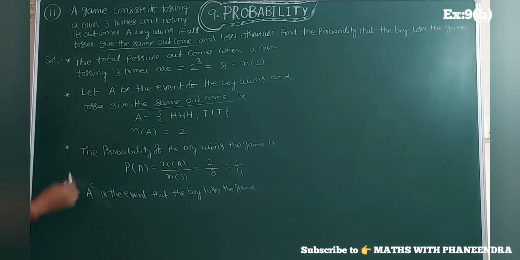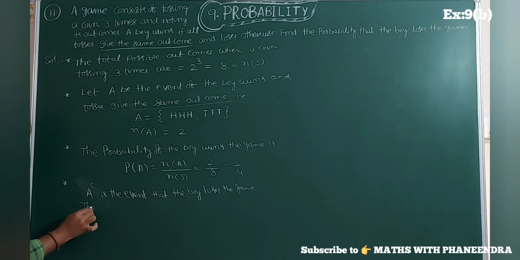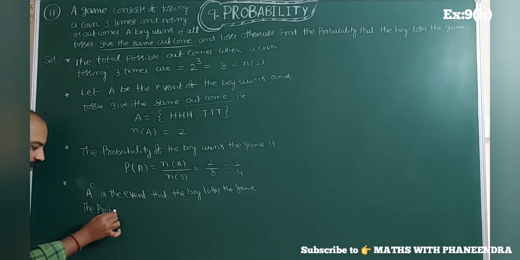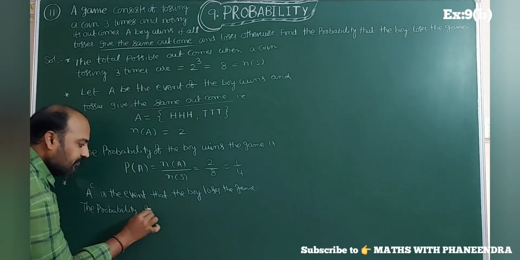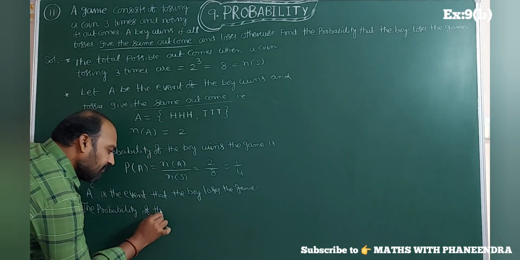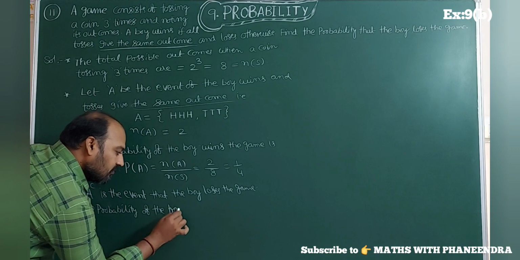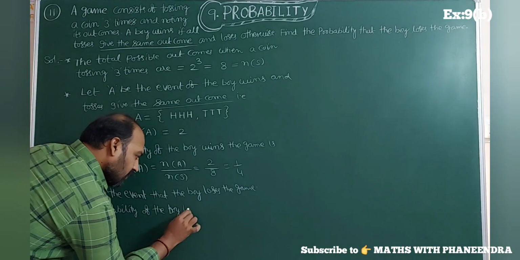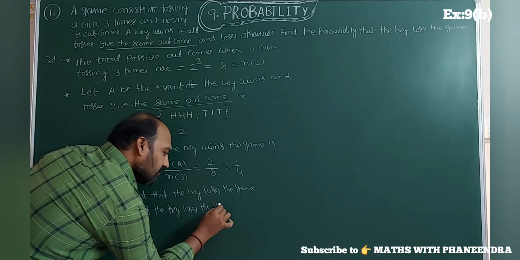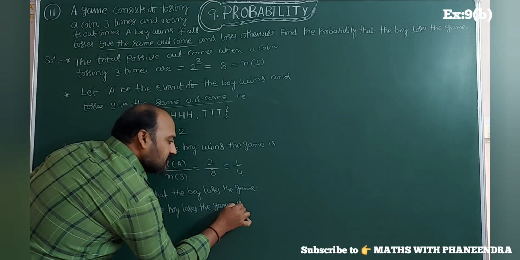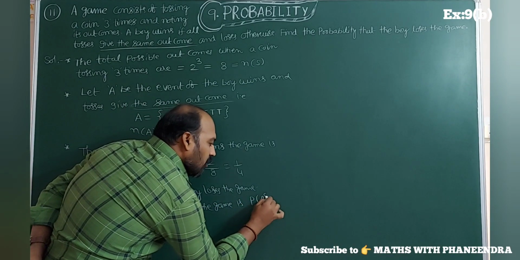So P of A complement, the probability, last step. The probability of the boy loses the game is P of A complement.